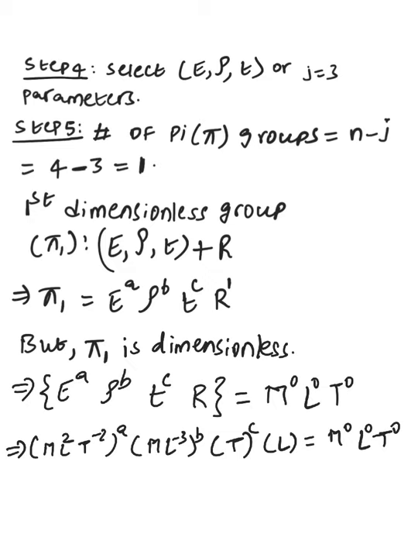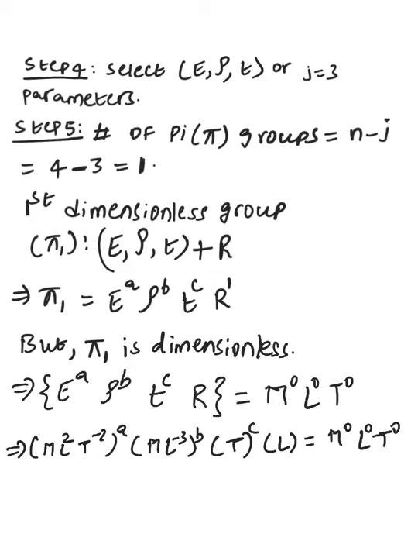So I have represented the previously written dimensionless group. Energy is M L^2 T^-2 to the power of a. Rho is mass upon volume, so that is represented as (M L^-3) to the power of b.